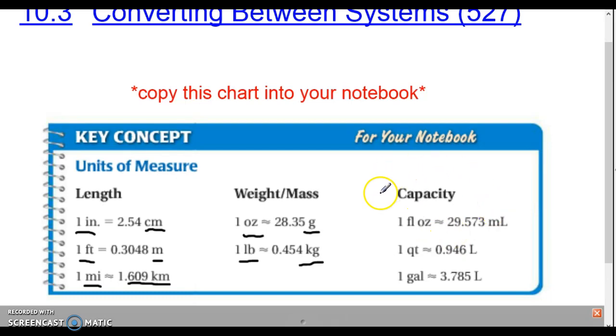And this capacity continues the same pattern. So everything on the left-hand side is part of the US system or the customary system, and the right-hand side is all part of the metric system. So we're going to practice using these like we did yesterday, and it should be a review. So make sure you have this in your notebooks. Go ahead and pause if you need to before I move on.